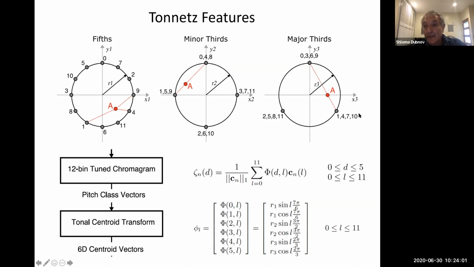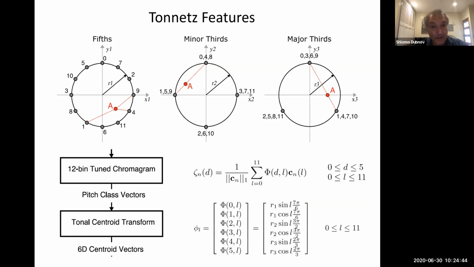Just because it has notes that are part of this chord, they sum up to these points, and once you have this weighted average, you will see that a chord, instead of a lot of bins in the chroma space, you translate using this matrix into a 6-dimensional vector, and distances between these vectors are considered much more suitable to comparing distances between chords.